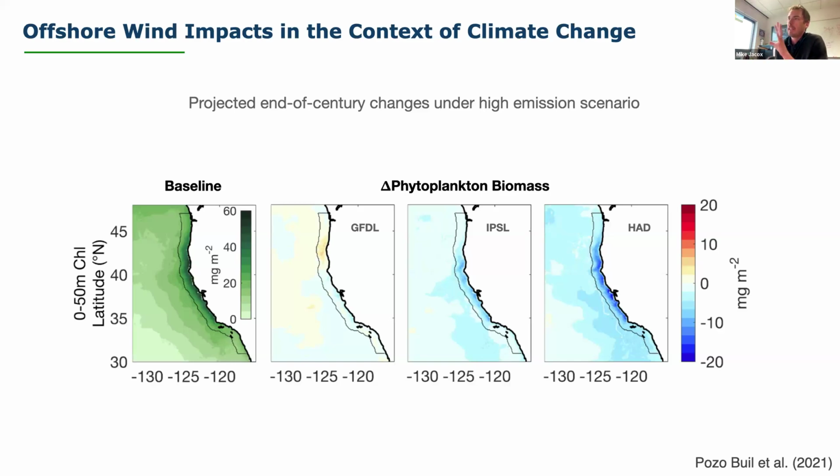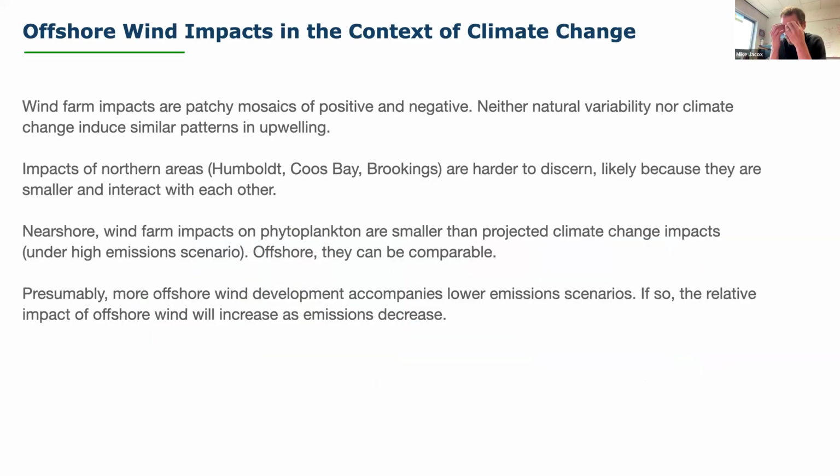So again, this is a semi-quantitative, largely qualitative comparison between the two to contextualize the wind farm changes. Some takeaways that I would offer from those comparisons are that, one, the wind farm impacts are really patchy, and they are positive and negative. If you looked across the whole system, I don't think you'd see much in terms of a net positive or negative impact on the productivity or upwelling for that matter.